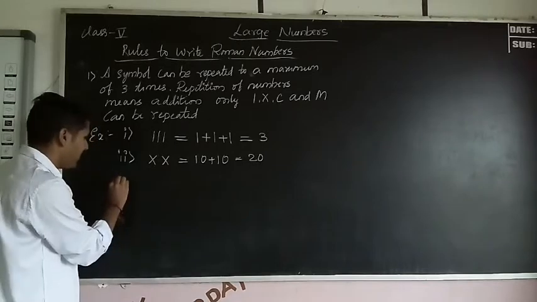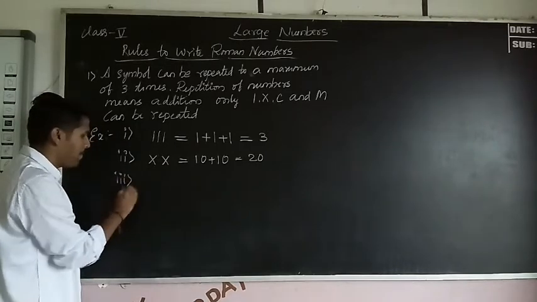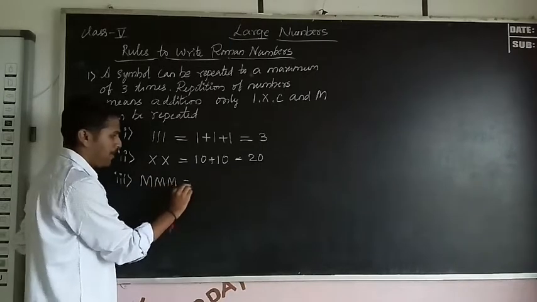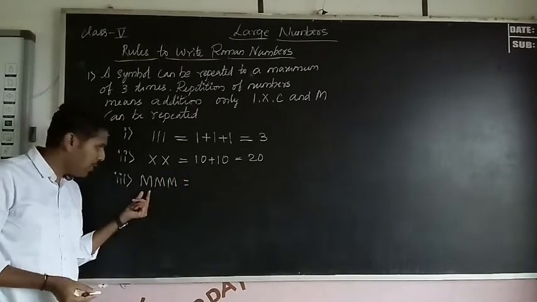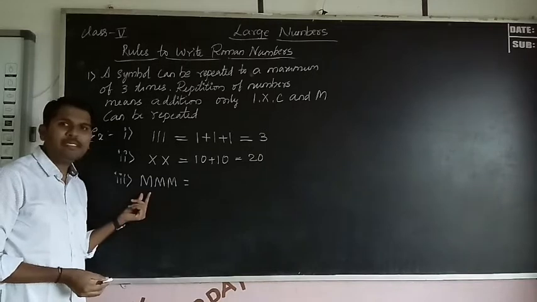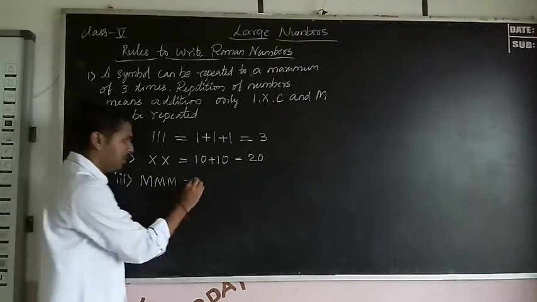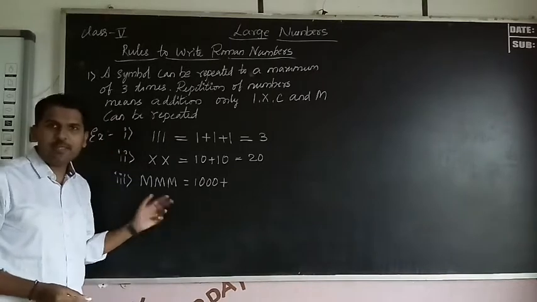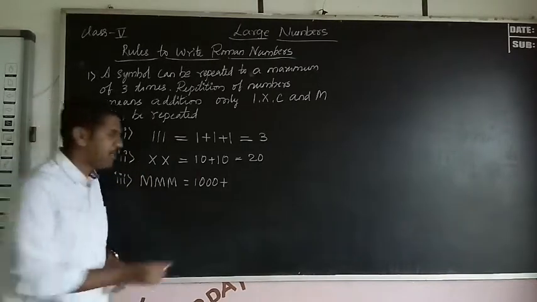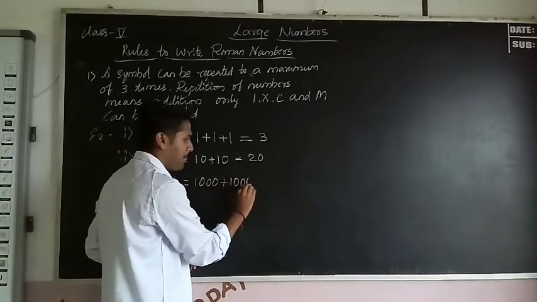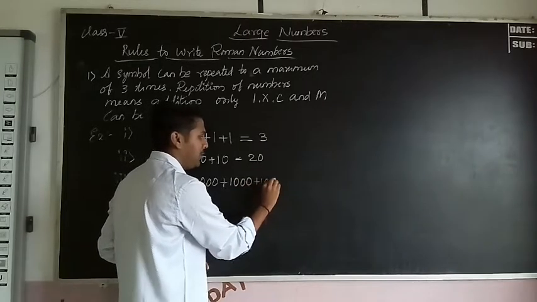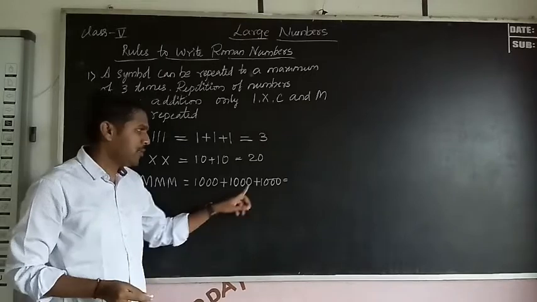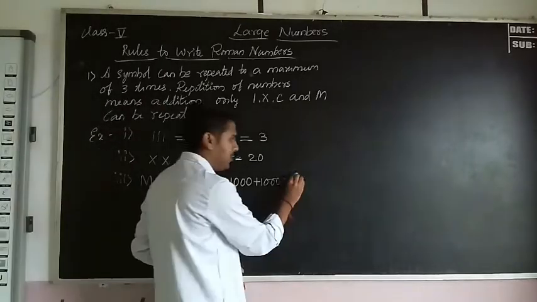Next, take another example. First, what is the value of M? M means 1000. Again, how many times? Maximum 3 times. 1000 plus 1000 plus 1000, total 3000.